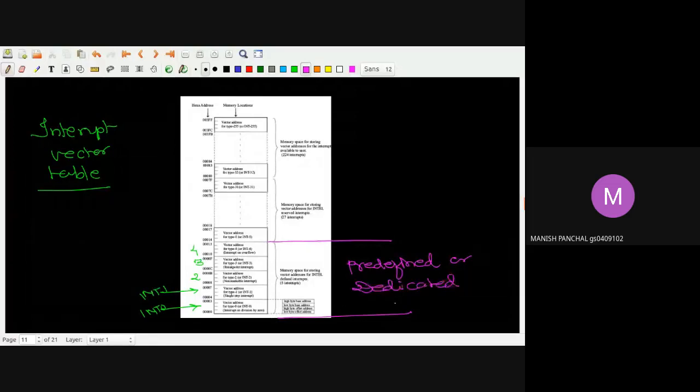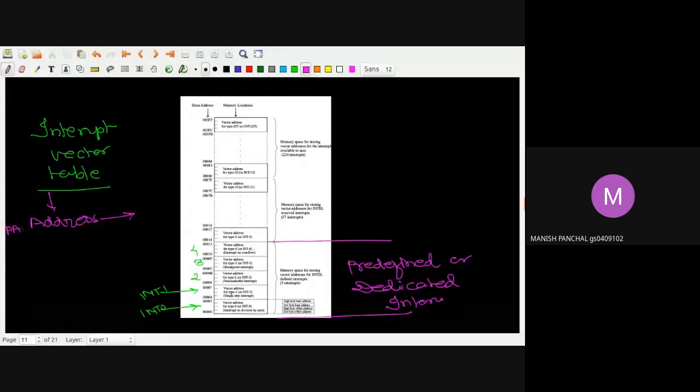Clear? Okay. How will this IVT work? Few students are thinking that it will only keep the value of the physical address of the ISS. So I will say that the IVT only keeps the address of the ISS, and this address is called the physical address, because ultimately here I am getting the CS and IP value.